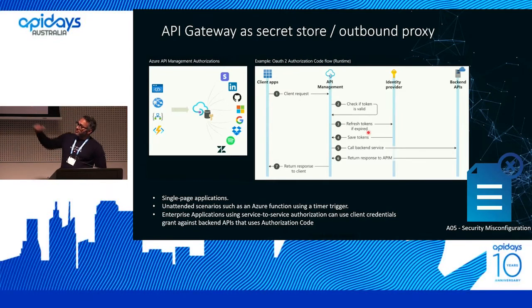It would help you in situations like if you have a single page app or maybe an unattended scenario where you don't actually have a person behind it to go through the consent flow. So you establish that at the beginning when you create the connection, and from now on, it's the API Gateway's responsibility to keep your token alive and use it when it talks to the backend API.